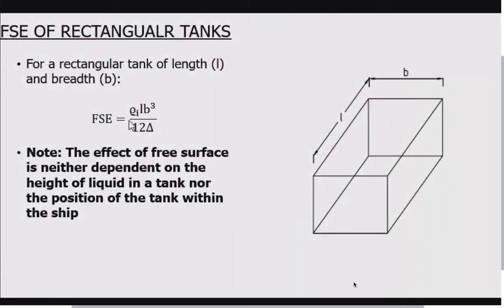Here, we have the density of the liquid times the length times the breadth cubed all over 12 times the mass displacement. So this becomes the formula for when you are calculating for a tank of length. So a question could be asked for a rectangular tank of length and breadth, then you have to know that you use this formula.